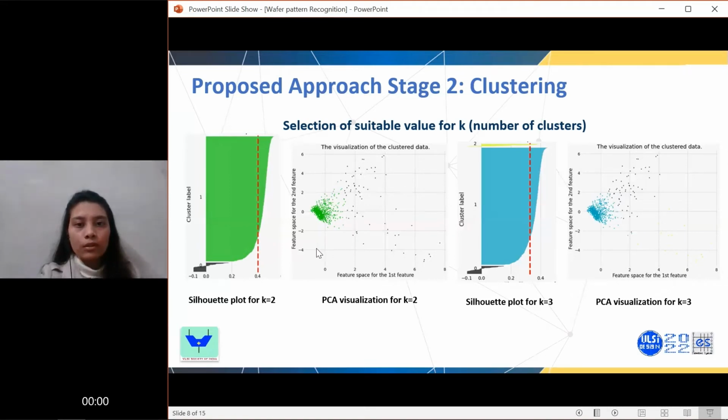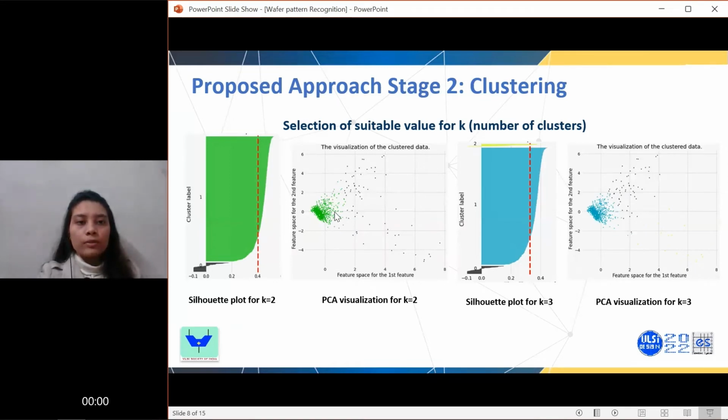As can be seen in the Silhouette plots, for our dataset, although k equals 2 has a higher average Silhouette score than k equals 3, we can see in the PCA plot that the points are emerging from a particular area.